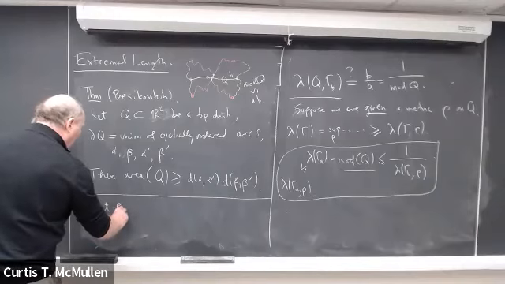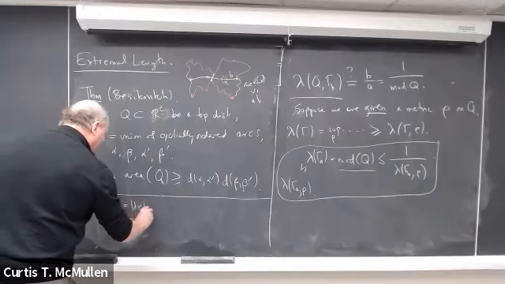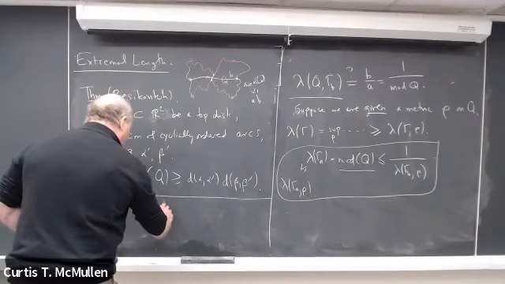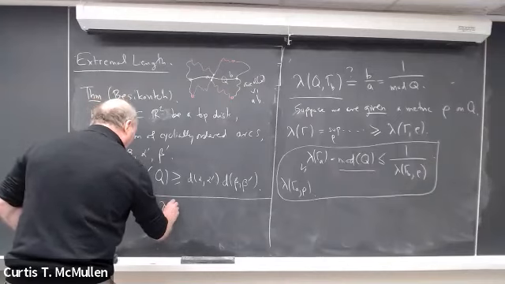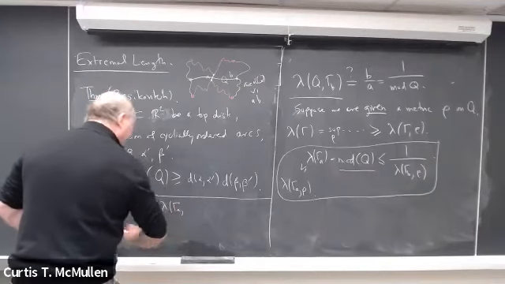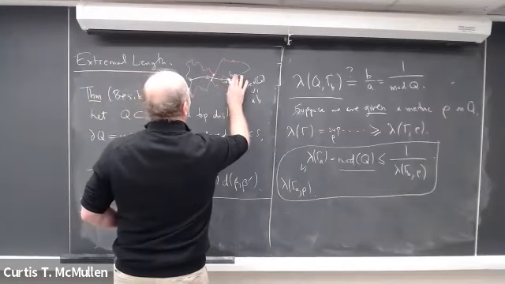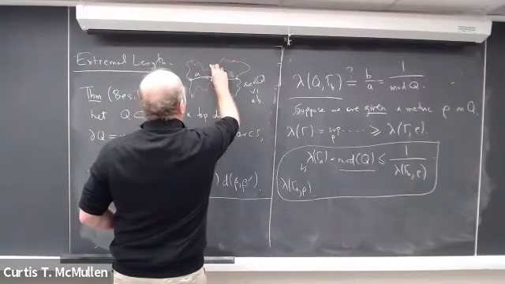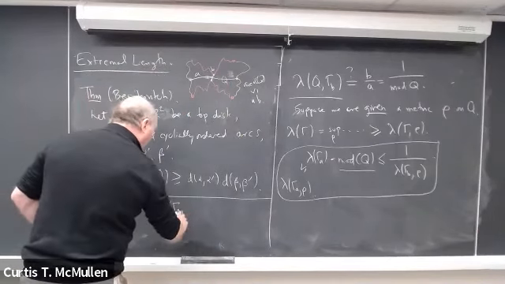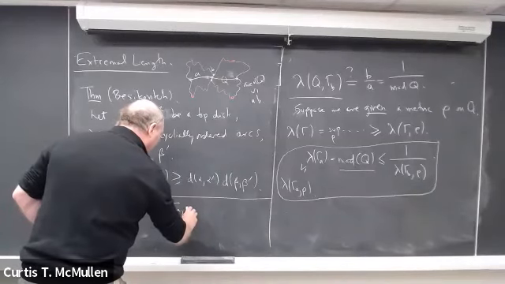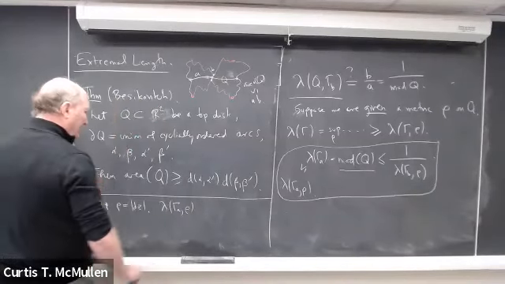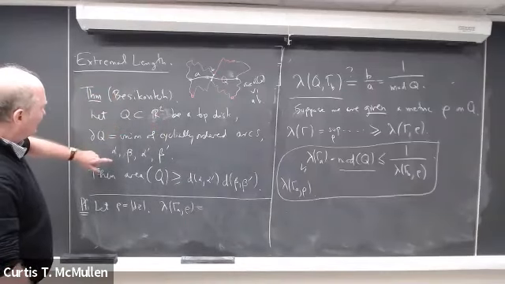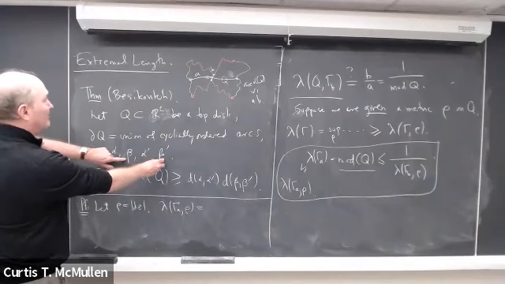We let rho be the Euclidean metric. Then the extremal length of the A curves, sorry, I should have called these A and B. This is A, this is B. The extremal length of the A curves in the Euclidean metric is equal to exactly the minimum distance between beta and beta prime.